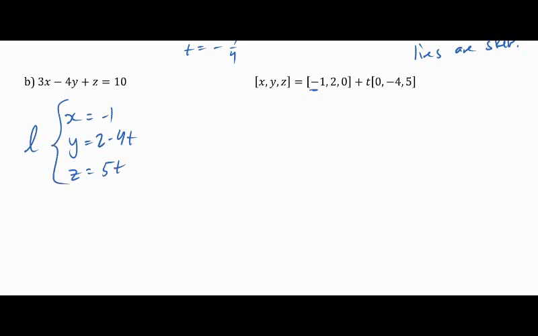And then how do you solve this? Remember, you just plug those components, the x, y, and z components in parametric form, into the equation of the plane. It's super easy. So that's 3 times negative 1 minus 4y, which is 2 minus 4t, plus z, which is 5t, equals 10. And just solve.